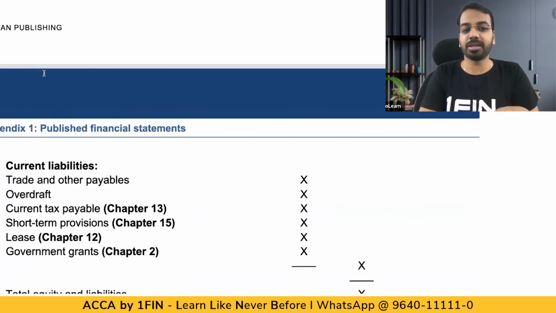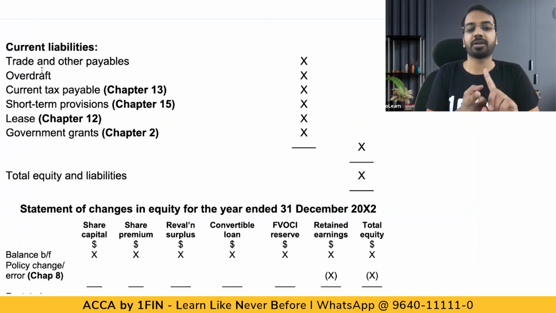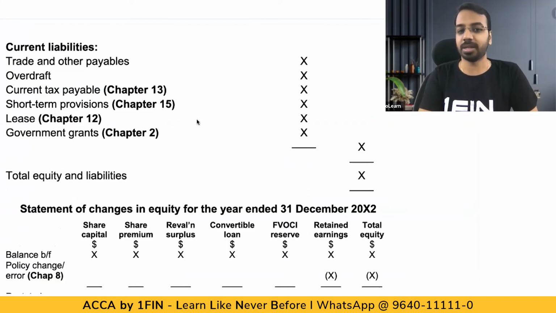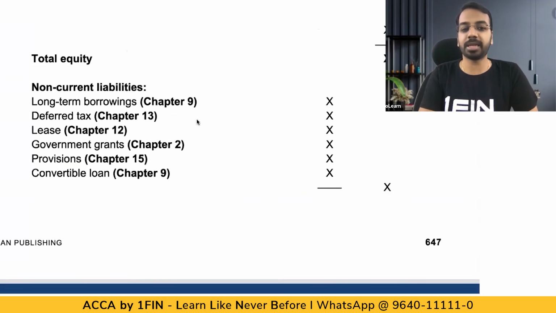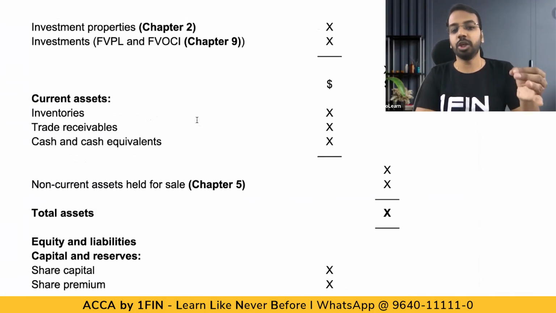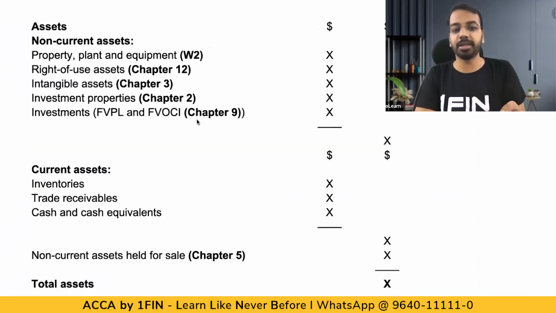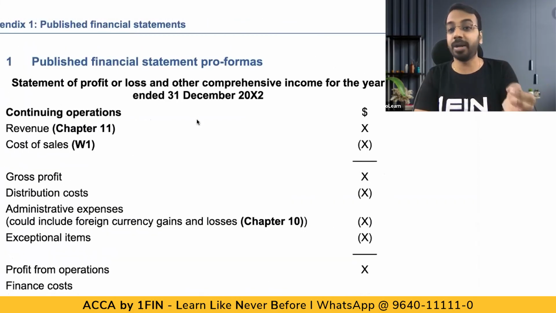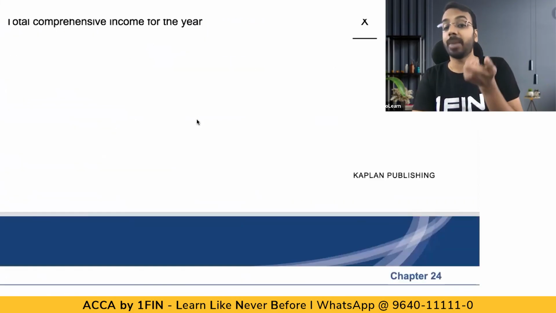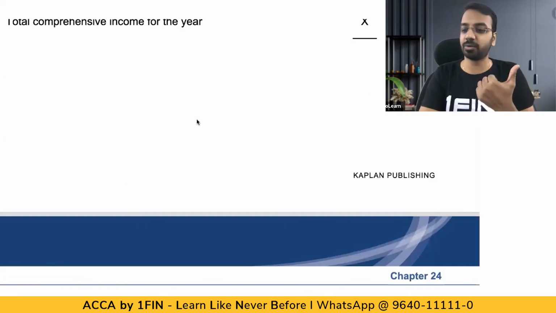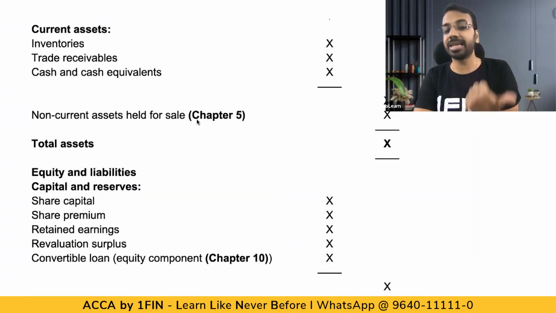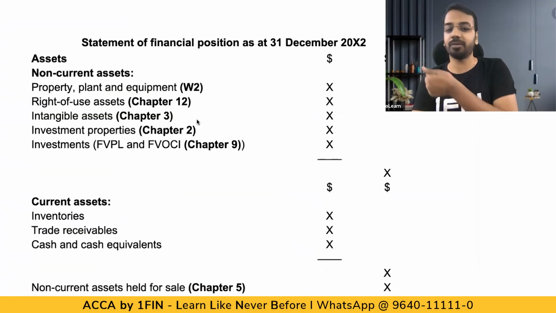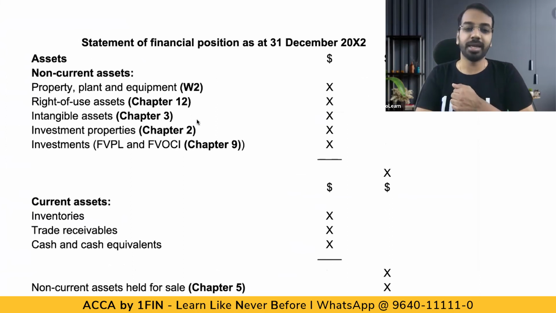Then you have current liabilities, which is your trade payables, overdraft, current tax and all of that. So all this put together becomes your equity and liabilities. Okay. So basically, you have your income statement, then you have your statement of financial position, what we refer to as balance sheet. So under IFRS, we would say statement of financial position as at 31st of December of year 2.